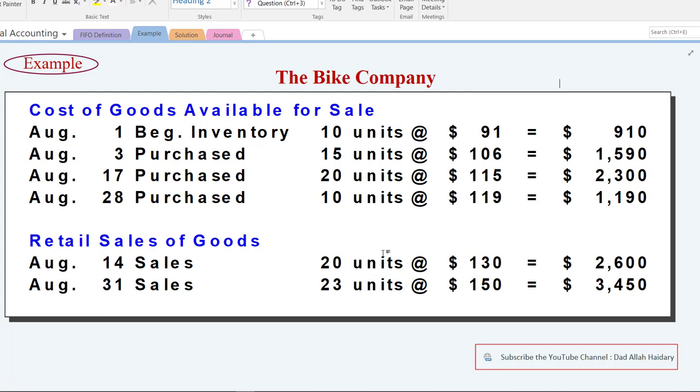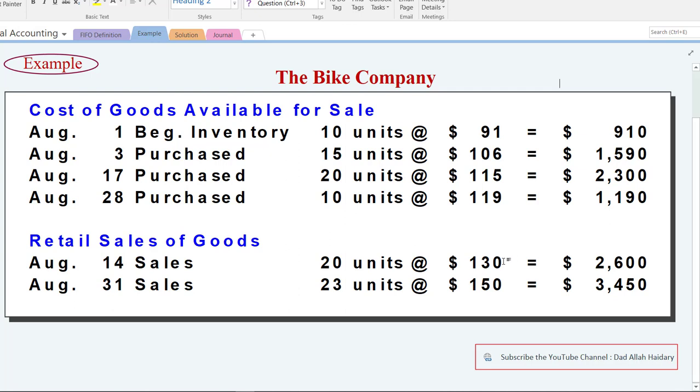Now, with the price of 130 USD, most of the time students get confused that this 130 is also the cost. Students, this 130 is not the cost. This is the price. It means the amount of money which the business received against the inventories. The business paid for the inventories, and against those inventories, the business received 130 USD.